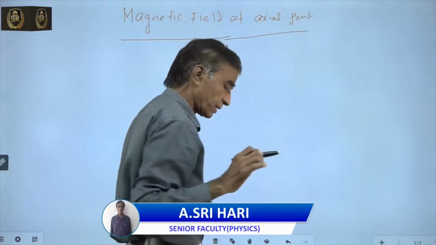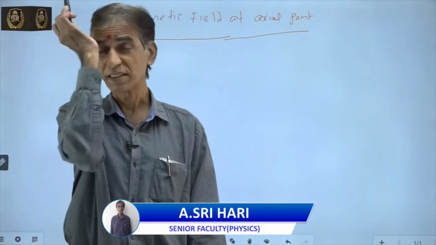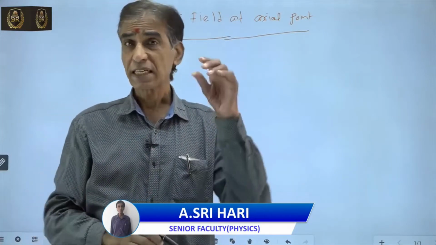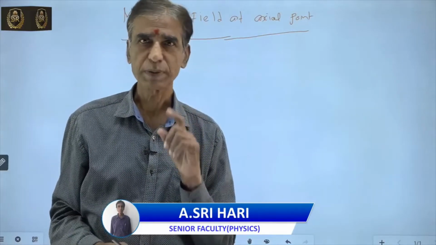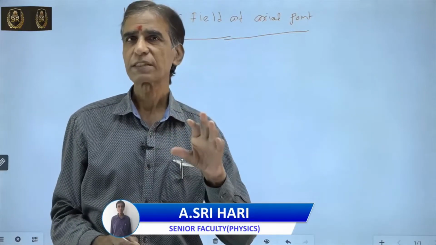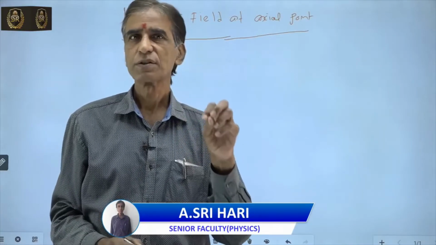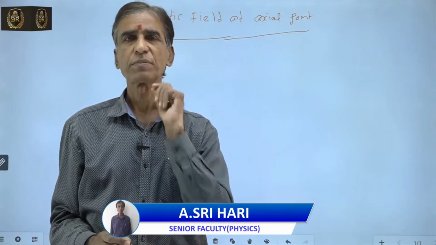Now, when we talk about electrodynamics, that is moving charges and magnetism, related to Biot-Savart's law, first we discussed Oersted's experiment. I told you three points to keep in mind.